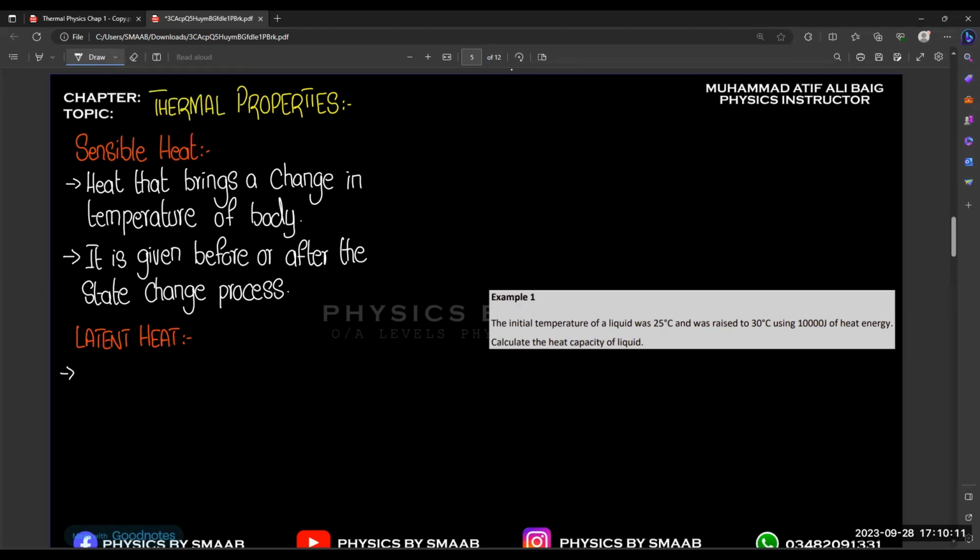Latent heat is a very small amount of heat that usually takes place during the process, right? Because sensible heat is before and after, and between that, during the process, latent heat takes place. So that very small amount of heat during the process is known as latent heat.